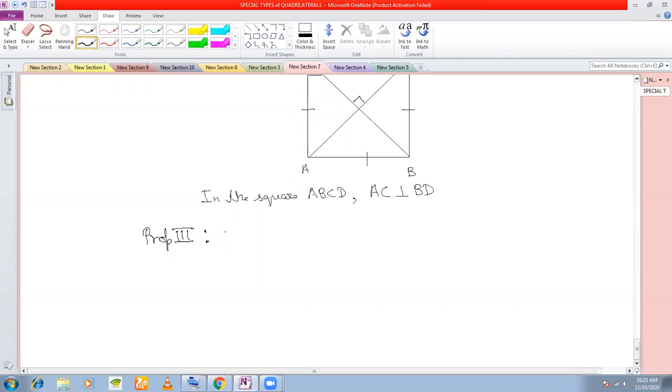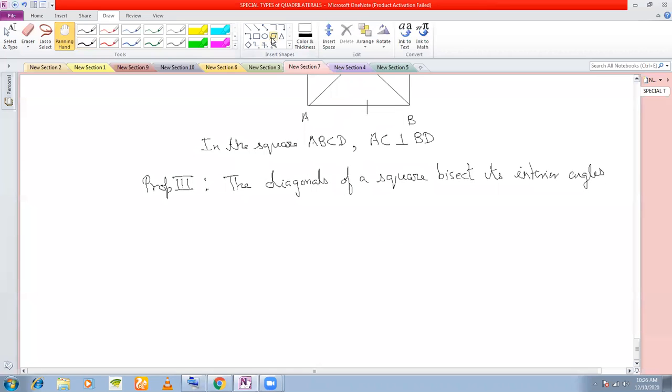That is, the diagonals of a square bisect its interior angles. So what does this mean? This is a very important property actually, for a square.